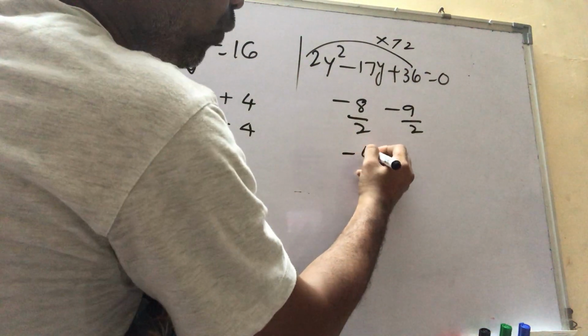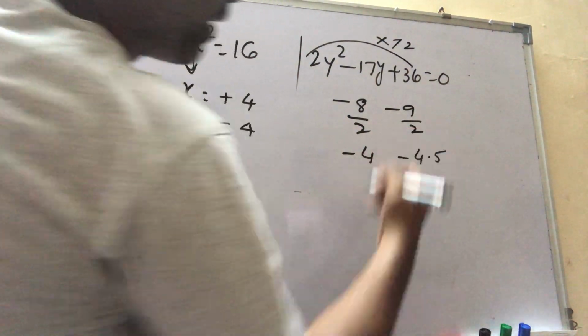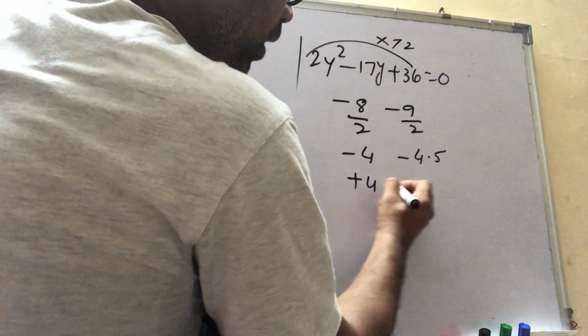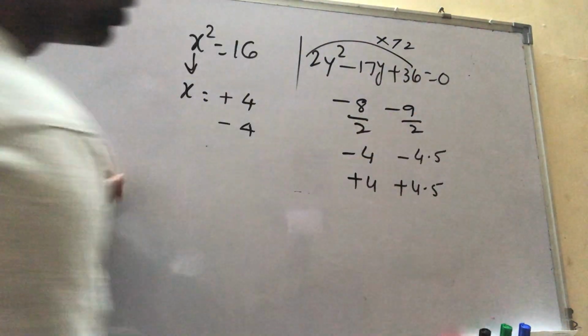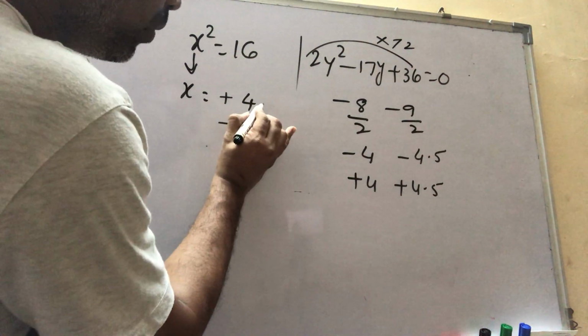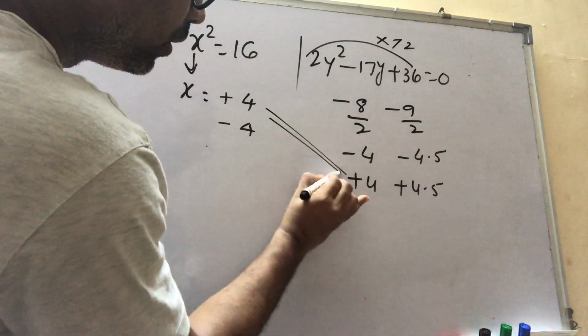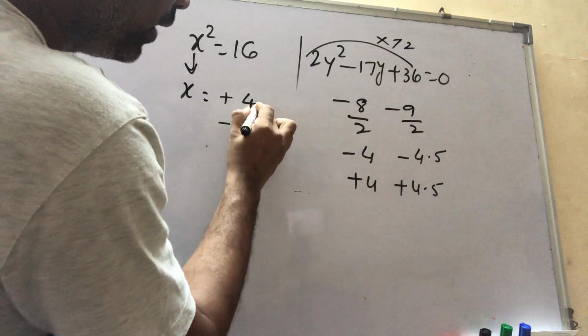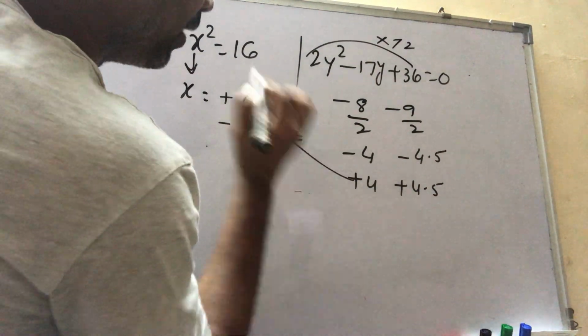So this is minus 4 and this is minus 4.5. When you take it on that side, this will become plus 4 and plus 4.5. So now what is the answer going to be? When you compare this with this, they are equal.